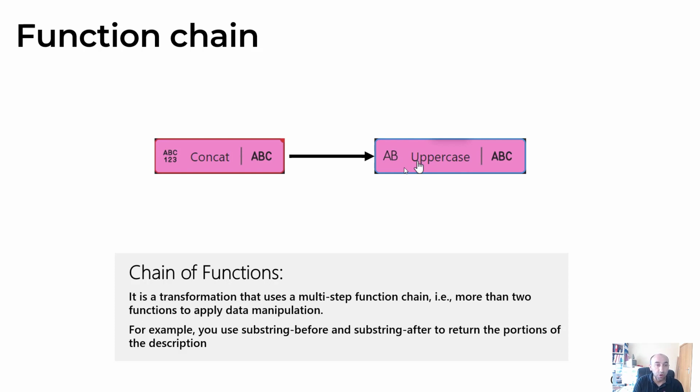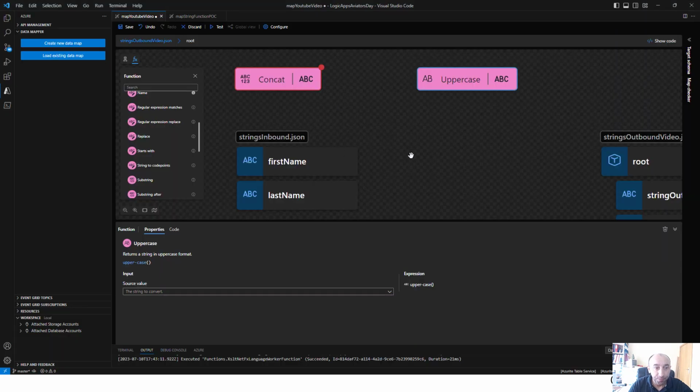For example, we can use a substring before and a substring after to return a portion of a description, or we can use a concat and an uppercase, as you see in the picture, to concatenate multiple strings and then put everything in uppercase letters. Let's see how we can do that and what a chain is inside the data mapper.